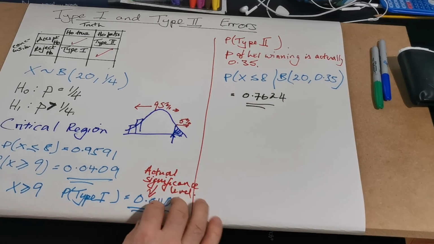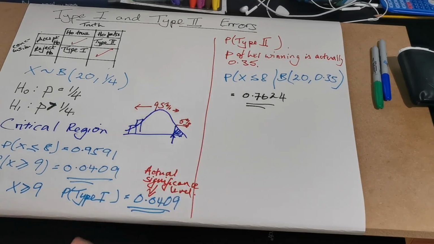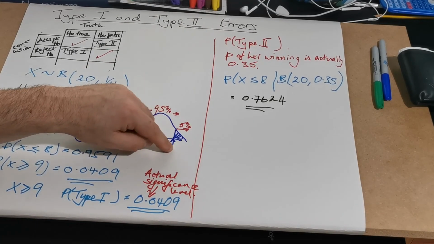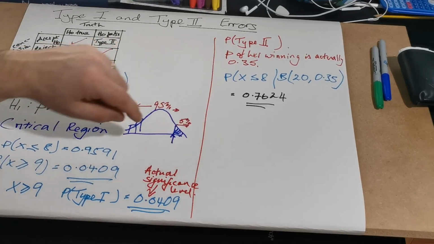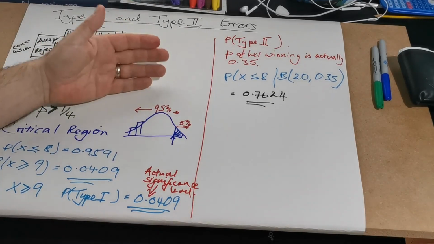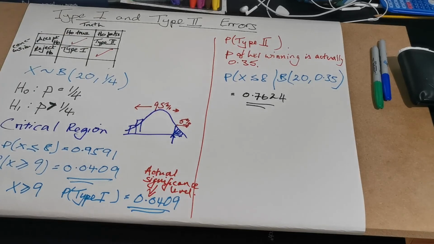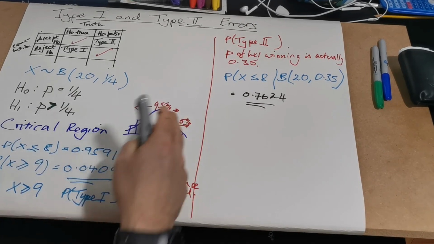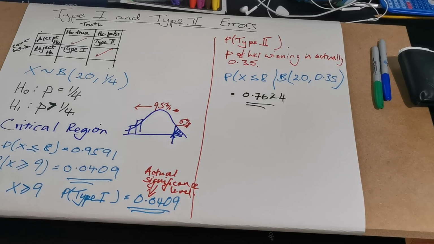So actual significance level is 0.0409 because we're working in terms of whole numbers, aren't we? So when that's 9, then going above is 0.0409. If we were working with continuous data, I think we could be a little bit more definite with this figure here, and we would know that it would be 5% for a type 1 error.